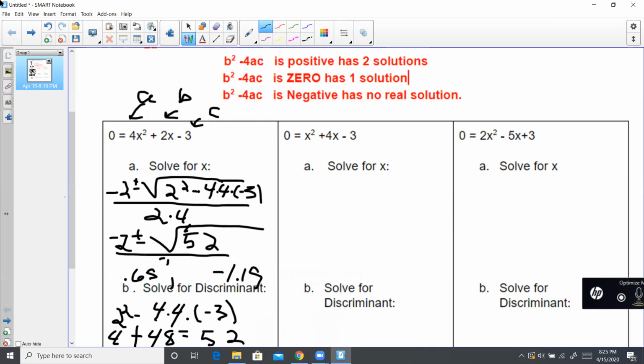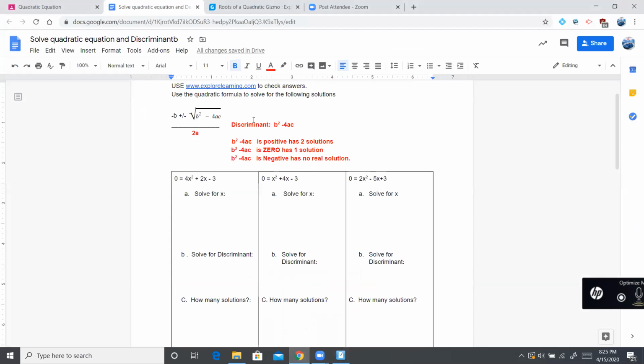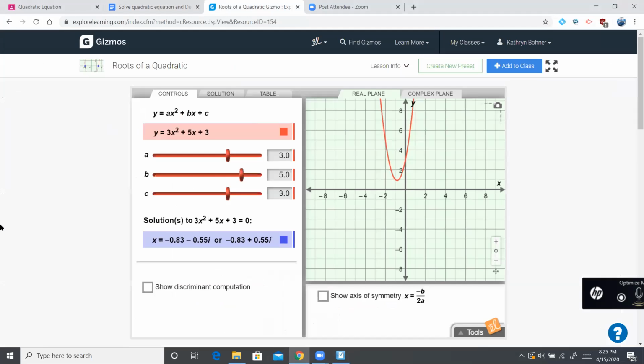Okay, so now you'll be able to go back to Gizmo. If you have forgotten your password for that, send me a shout and I will give it to you. We're going to go back here to our Gizmo, and you're going to check yourself. You're going to do it by paper, by hand, and submit your work to me.